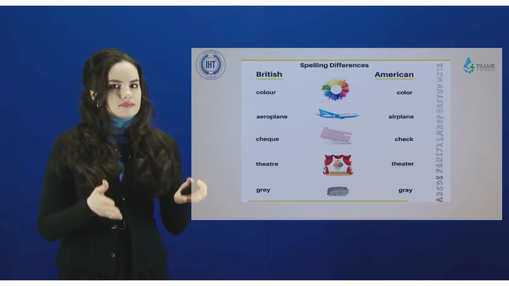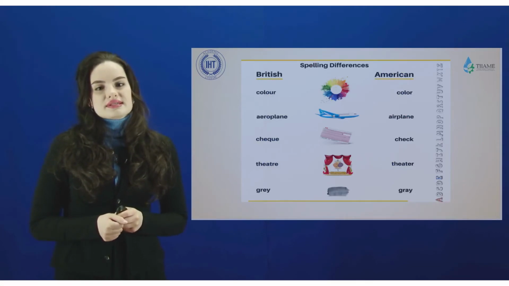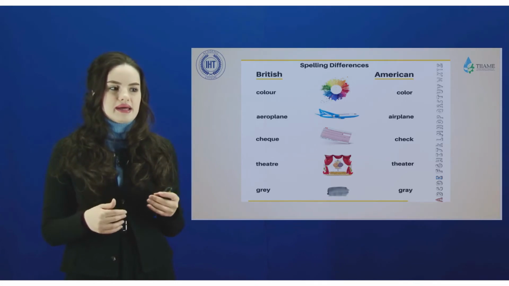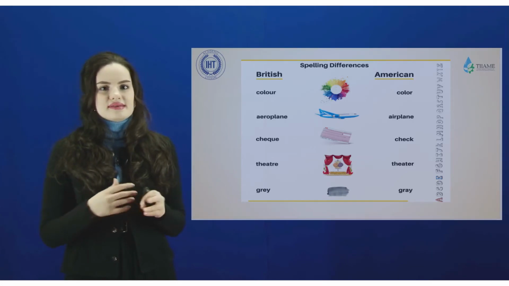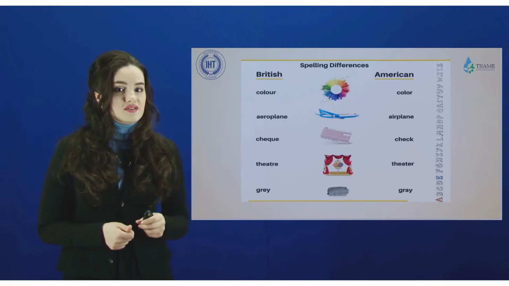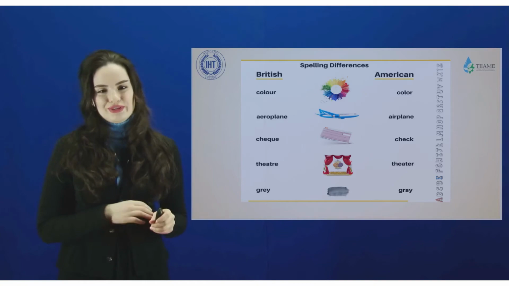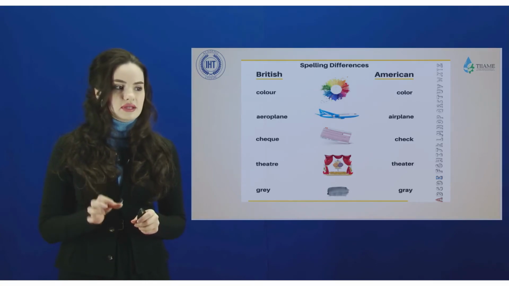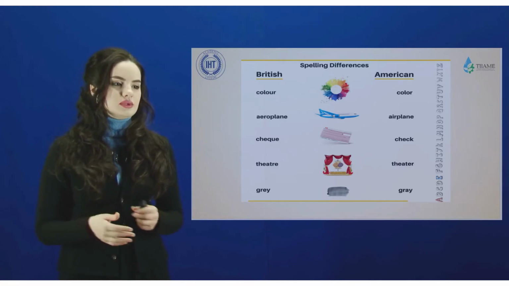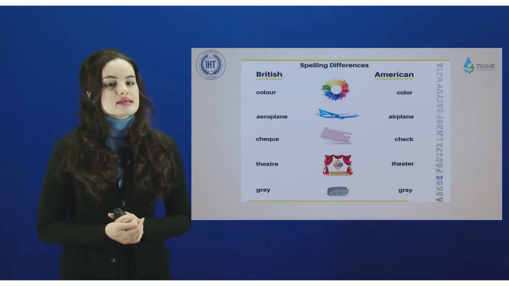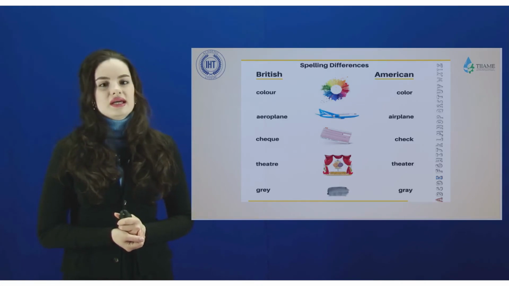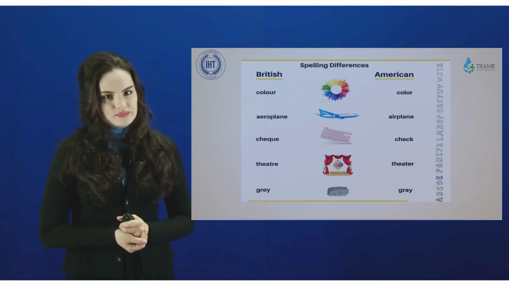Well, again, some differences, not different words, they are quite similar, but different spelling, like color. The same word, but we have U in our British version, and in the American version you do not have such a letter, just O and R, the last letter, that is all. Next one, airplane. It's also different. Instead of I in American English, E is used in the British language.